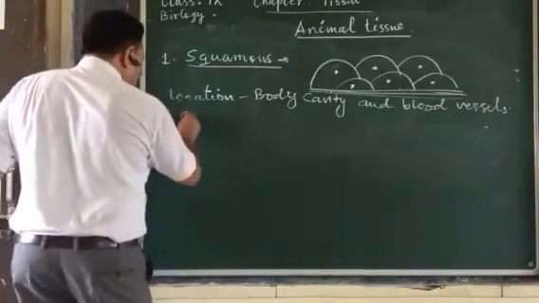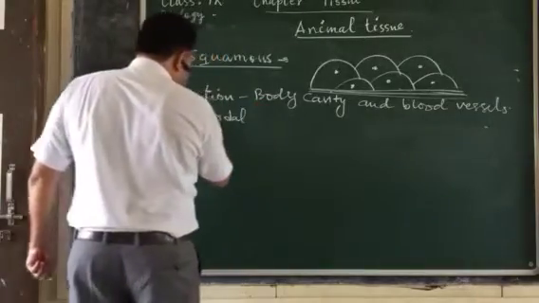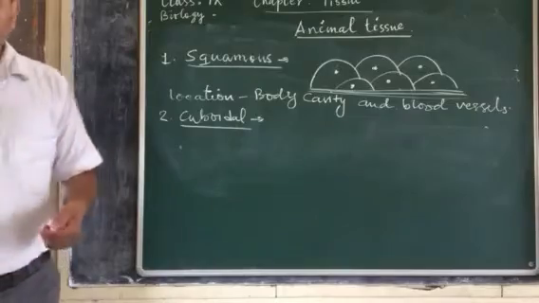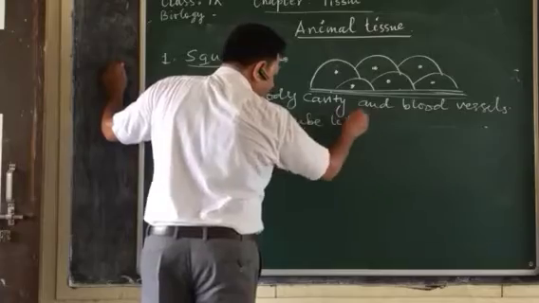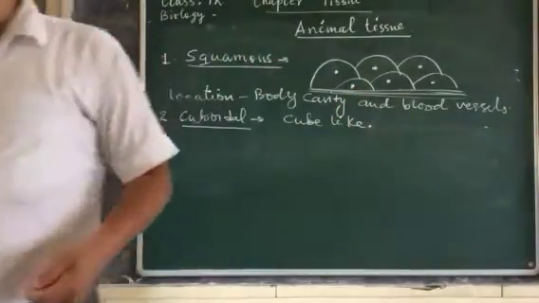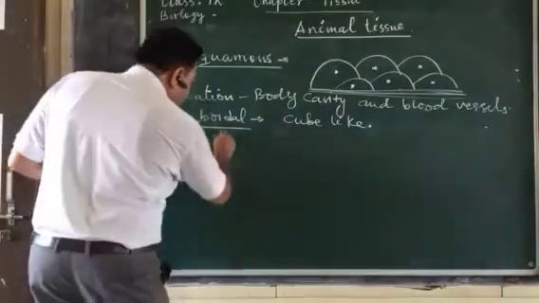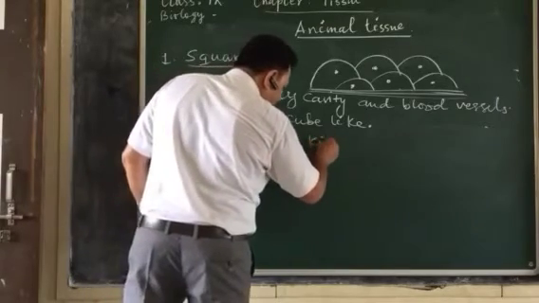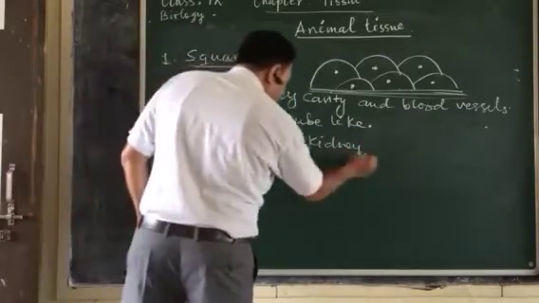Secondly, cuboidal. They are tube-like in nature, and they are present in the nephrons of kidney.